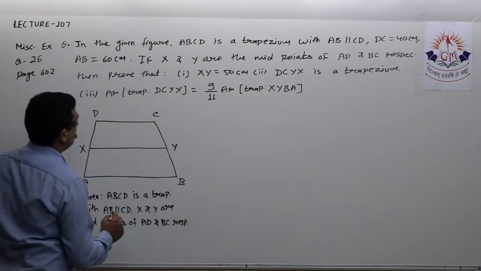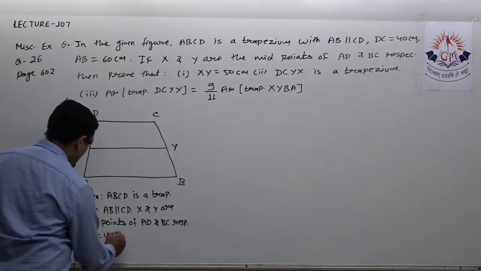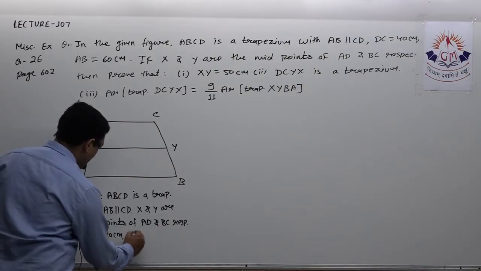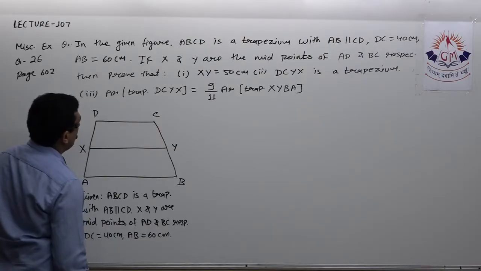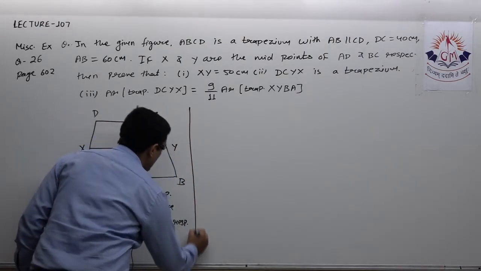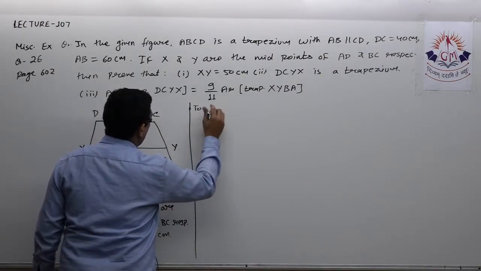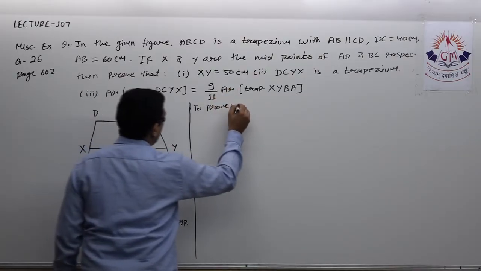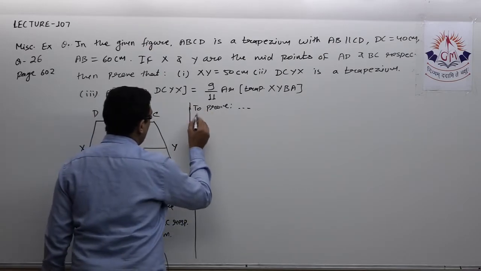Further it is given DC is equal to 40 centimeter and AB is equal to 60 centimeter. Now to prove, that is the same thing, so I'm skipping this, you can write it on your own. Now let us see its proof.